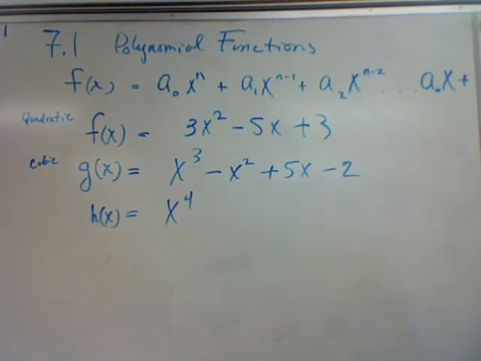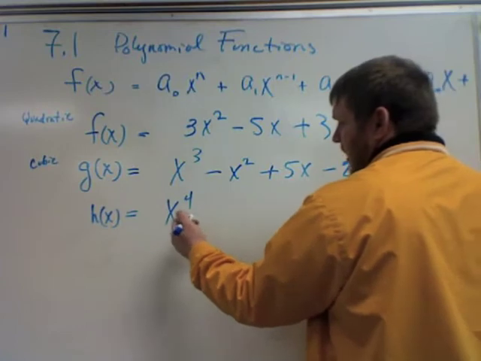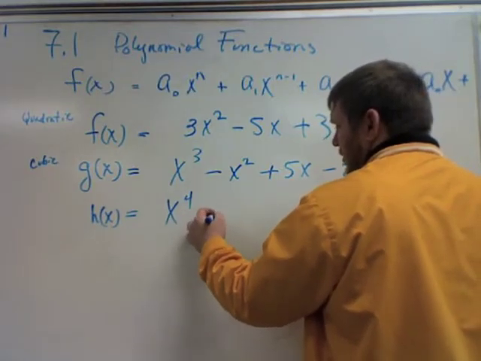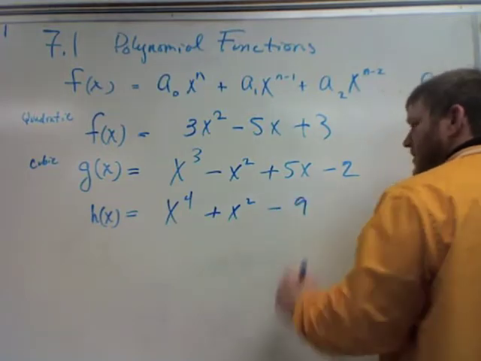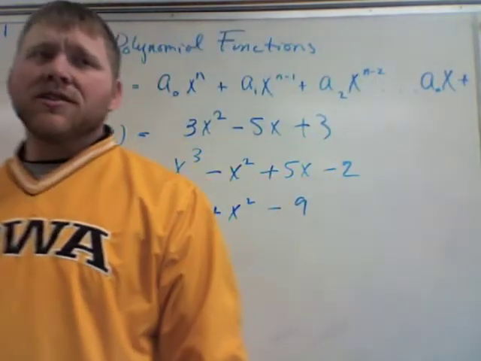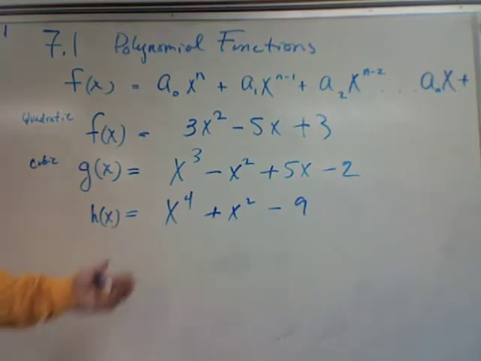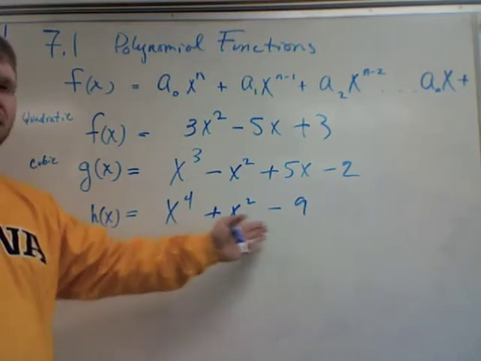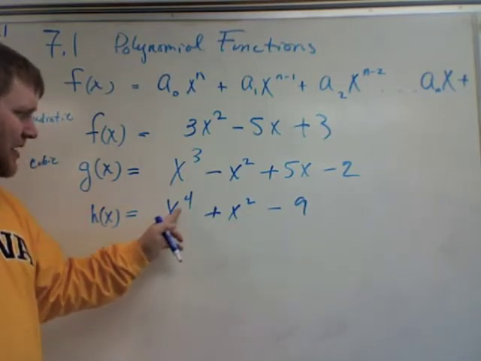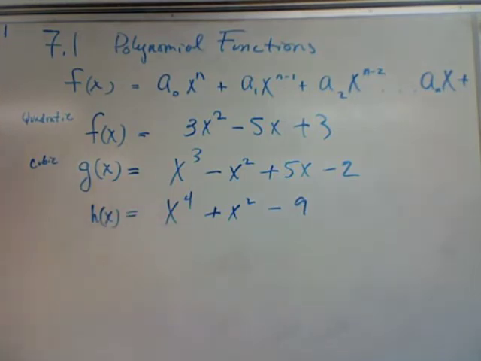I can just have x to the 4th plus x squared minus 9, and this polynomial is still considered a 4th degree polynomial. Even though I'm missing some terms, it's still in descending order. The highest degree term in here is the 4th degree, so I consider this a 4th degree polynomial.